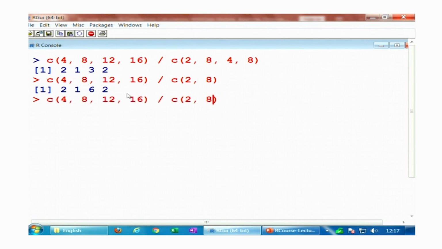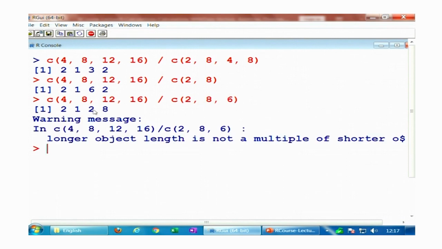And in case you make the second data vector of length, say, 3, something like 2, 8, 6, you can see that 2, 8, 6 is going to be operated over 4, 8 and 12, but after this 16 will be operated with 2, but then what to do with 8 and 6 is unknown. So, it will give you a warning message, right.